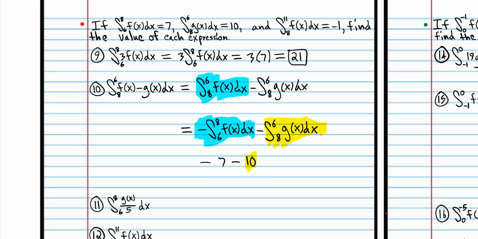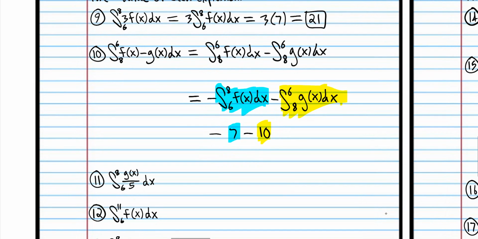So that became 10, and this became -7. So our answer is -17.